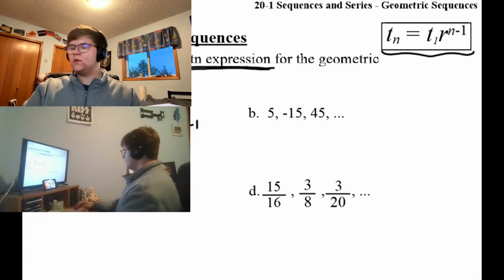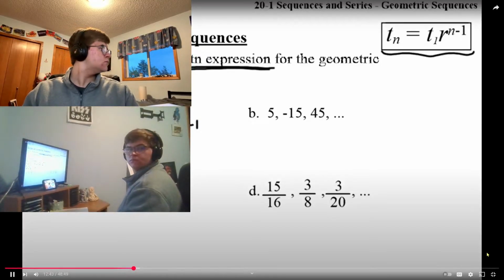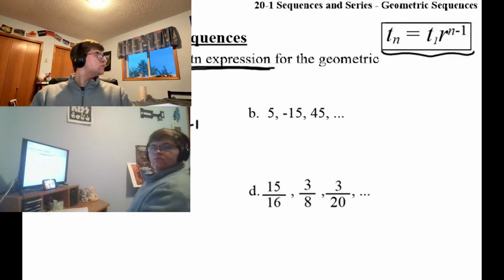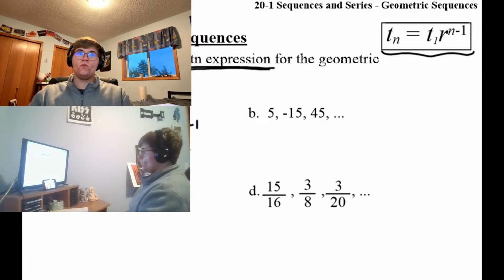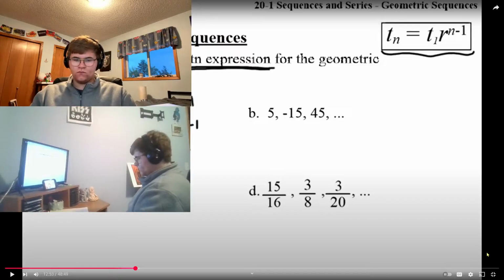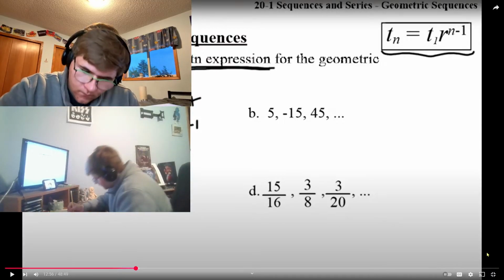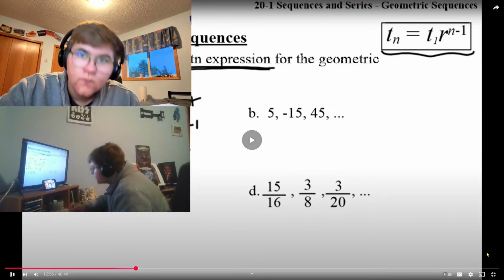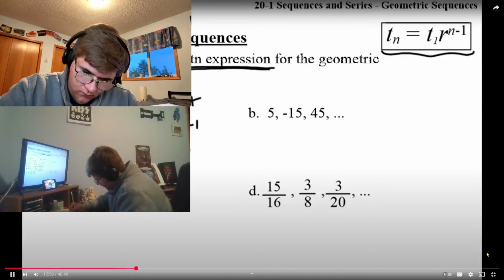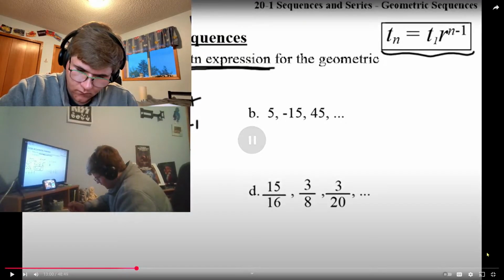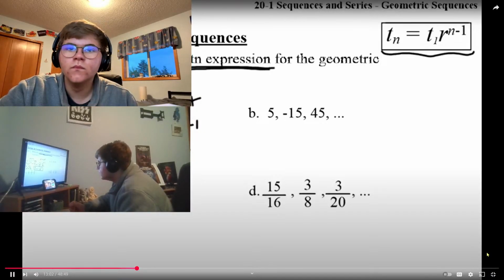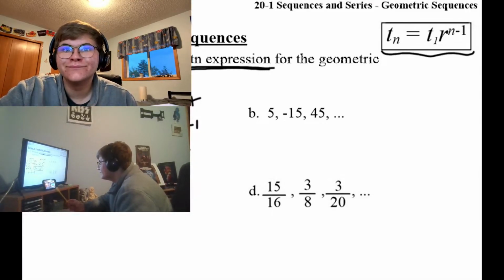Now, in this case, we know when we have two powers with the same bases, we keep the base and add the exponents. 1 plus n minus 1, the 1 and negative 1 cancel, so this simplifies to just 2 to the n. There's our simplified expression. Write what we can and then simplify it down.